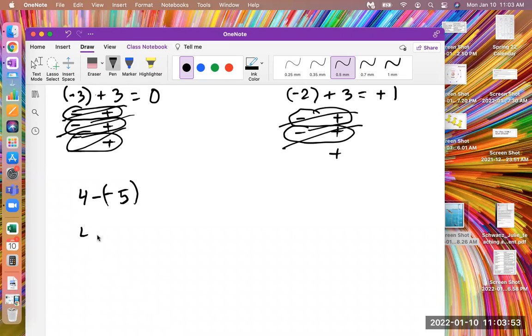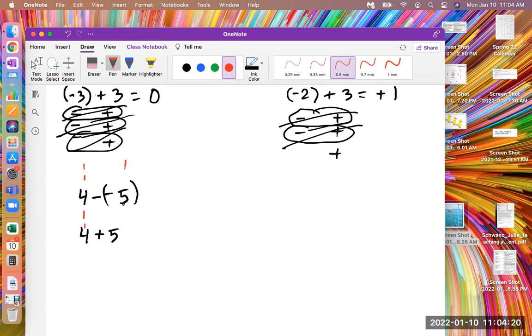So that's why this becomes just 4 + 5. When we have a traffic jam of negatives like this, then it becomes 4 + 5. Sometimes this might be a little helpful for you: I had one teacher teach, if you have this, it only works between the two integers, okay?